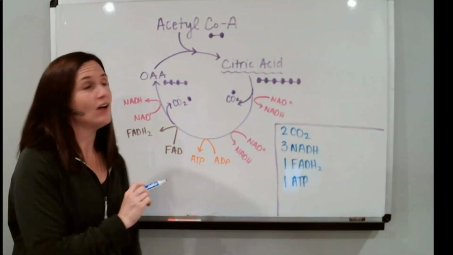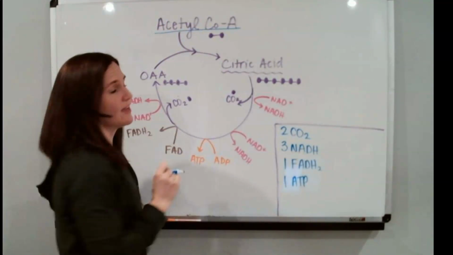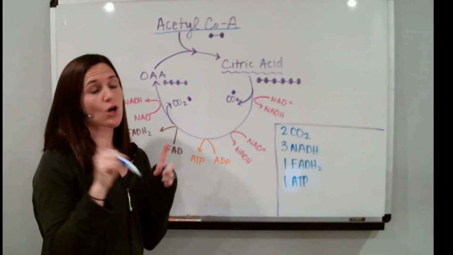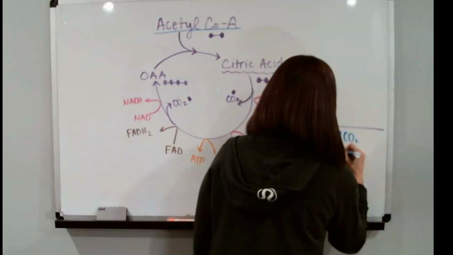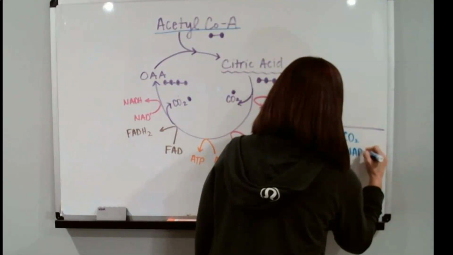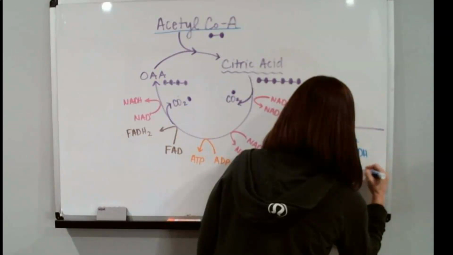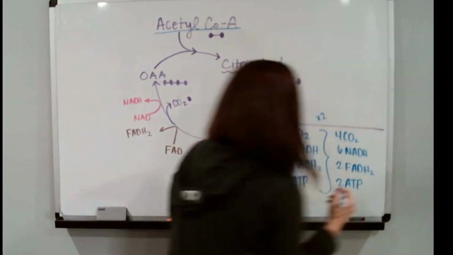But just like the Calvin cycle, remember we had 2 acetyl-coenzyme A's. So we actually go through the citric acid cycle 2 times for a total of 4 CO2s, 6 NADHs, 2 FADH2s, and 2 ATPs.